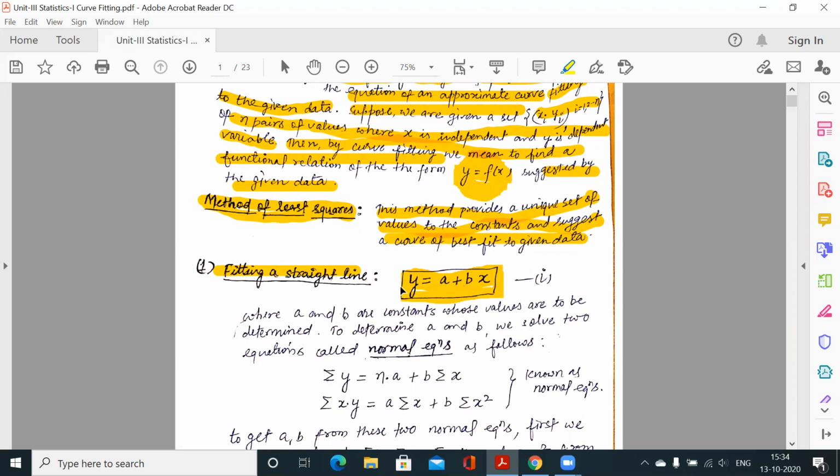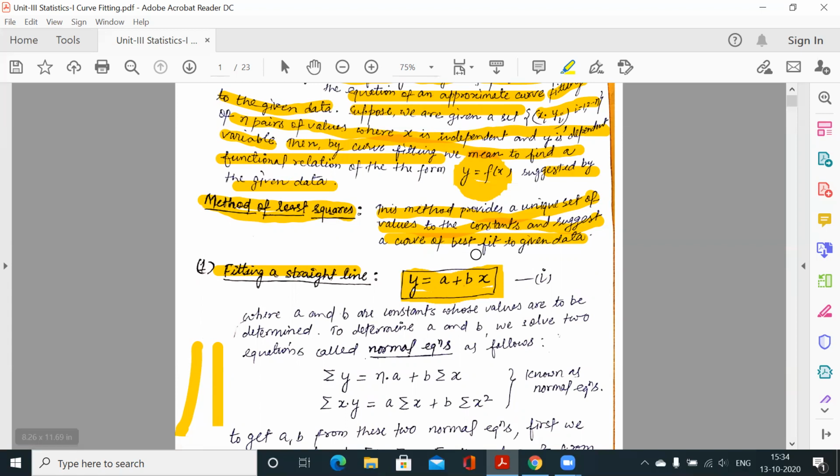Suppose he asks you to fit a straight line like this. What is a straight line? y equal to a plus bx, where a and b are constants. We have to fit this relation to the given data set, meaning you have x values and corresponding y values.